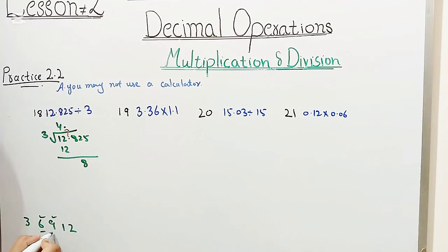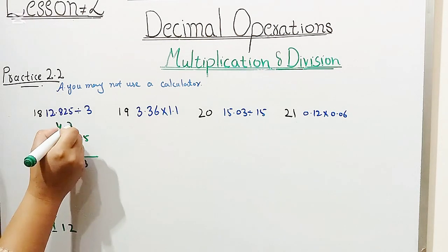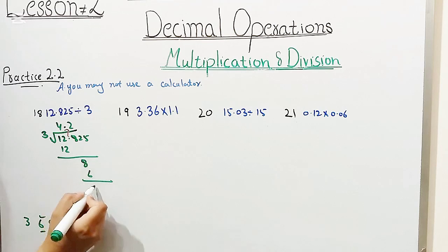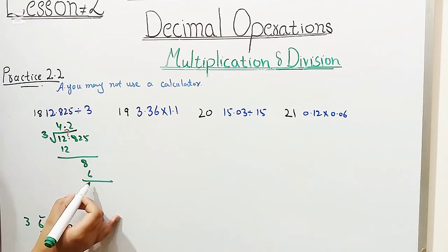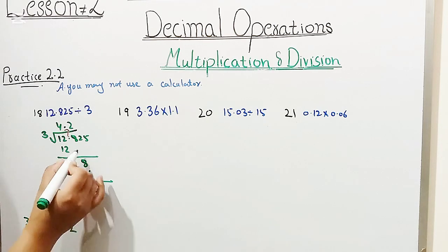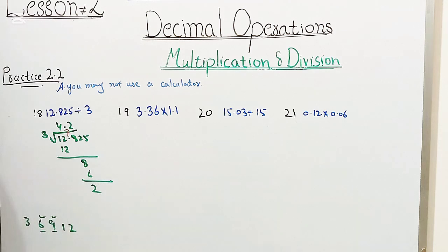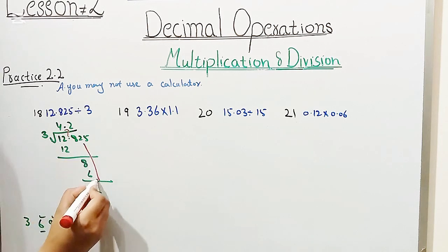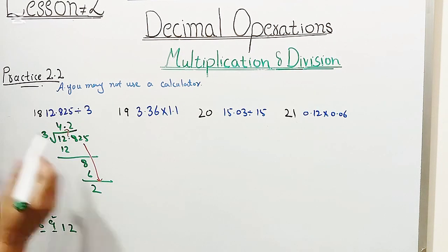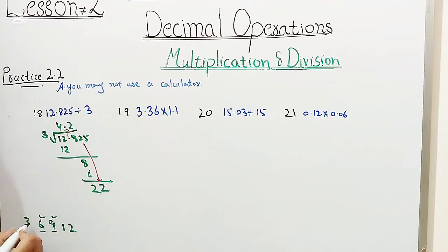So 6 is a smaller value and 9 is a bigger value. So I will write 3 2s are 6. Then I will subtract 6 from 8, 2. Then we will bring down 2, 22.